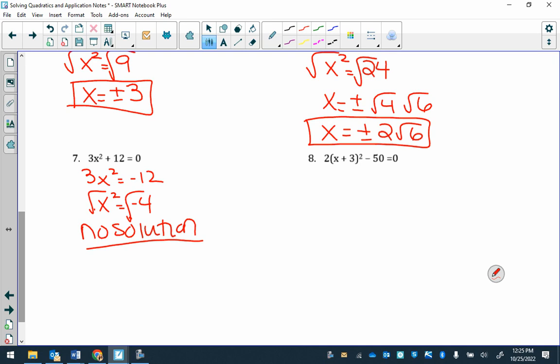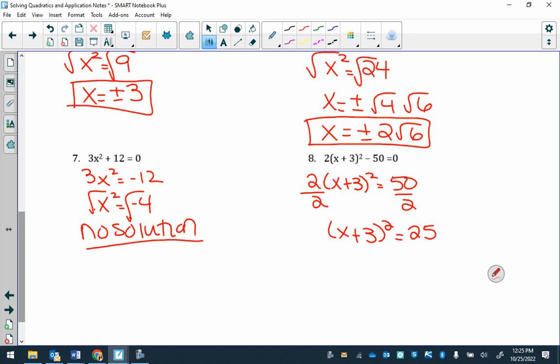Looking at number 8, what do you have to do first? Add 50, good. And I'm always afraid. What's next? Divide by 2. Okay. It's okay, I'm always afraid to ask it. Then what do we do? Okay.